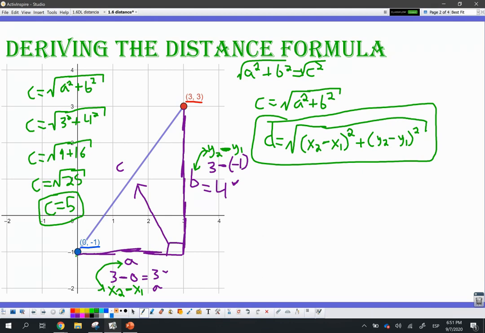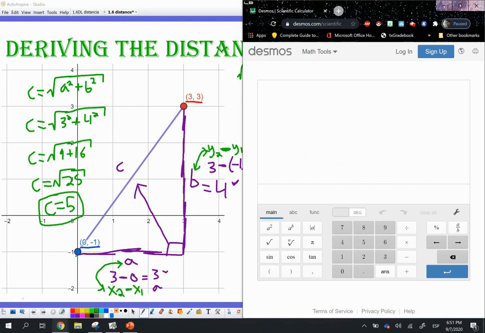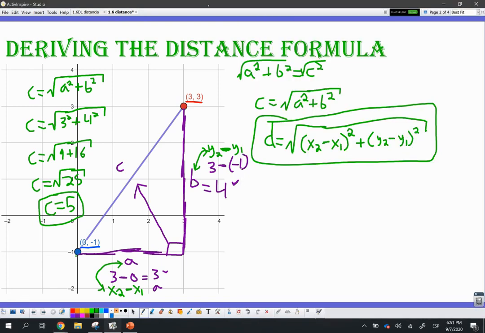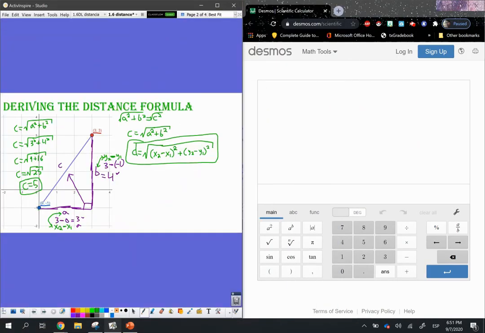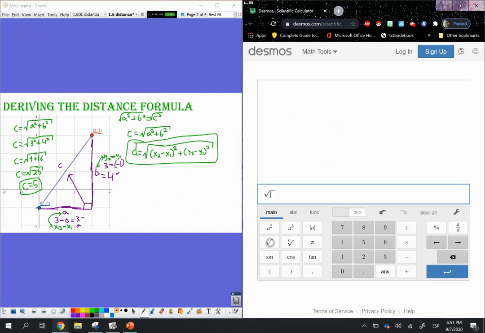Now, to verify this, let's see if I can get the same answer using the distance formula. And for this, I'm going to go to decimals. I'm going to drag this to the side over here so I have them side by side. And so I'm going to start by typing in square root of x2 minus x1. Remember, x2 was 3. Well, first, before this, don't forget your parentheses. So 3 minus 0.